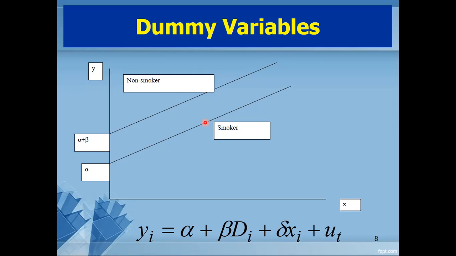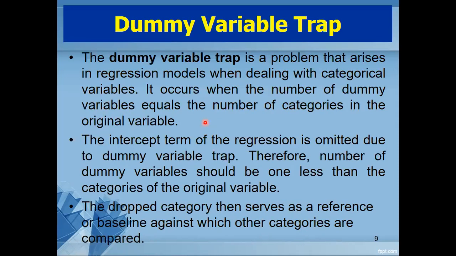Just in case the number of dummy variables is equal to the number of categories of the qualitative variable, what will happen? Then there will be an issue which is called the dummy variable trap.